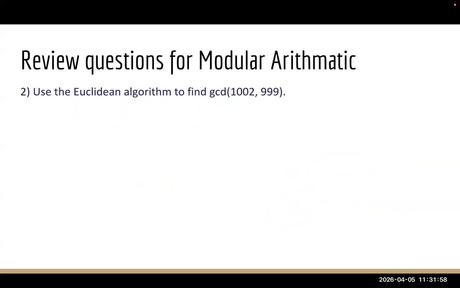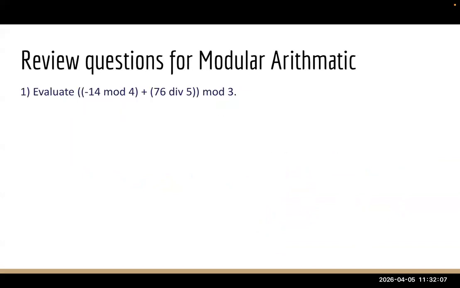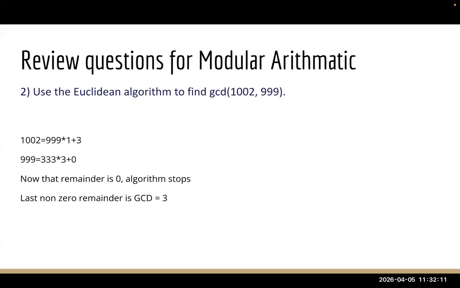Now the next one. We'll use the Euclidean algorithm to find the GCD. So what was the Euclidean algorithm? We divide, we take the remainders, and we repeat that until our answer is 0. Now let's see it worked out. 1002 can be written as 1 multiplied by 999 plus 3, right?